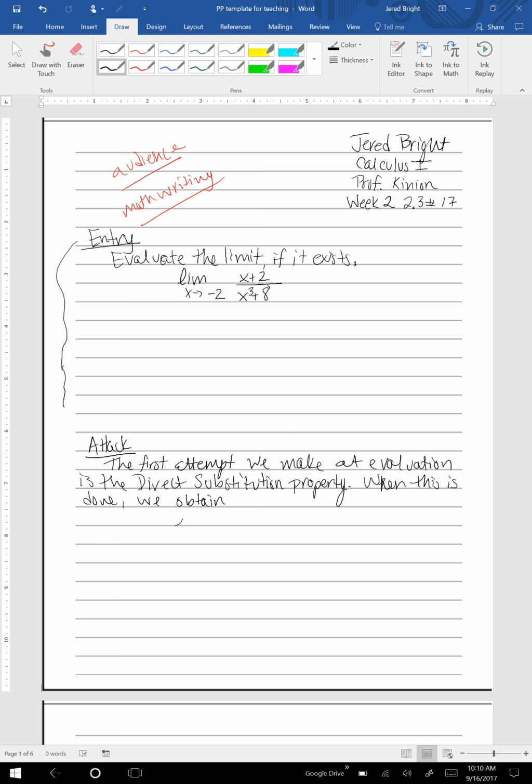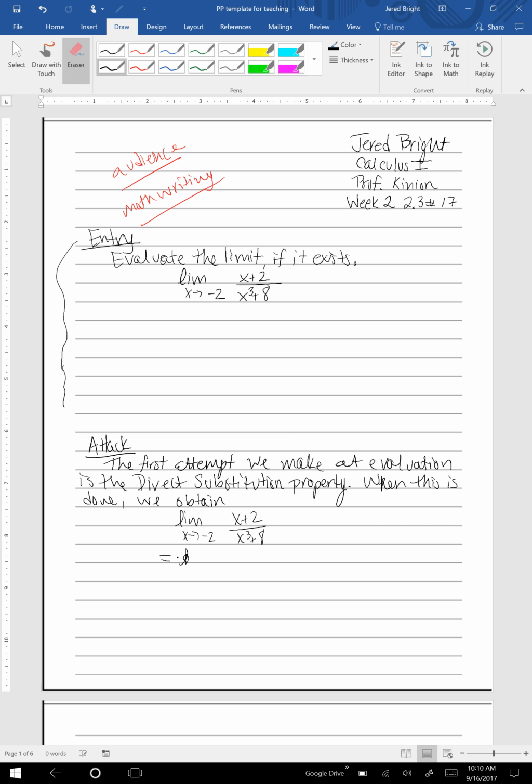So I would say limit as x approaches -2 of x plus 2 over x cubed plus 8. And now again, I'm writing this on its own line because I consider this a longer expression or equation. Then I'm going to do an equal sign using the Oklahoma rule. And now I'm going to evaluate.